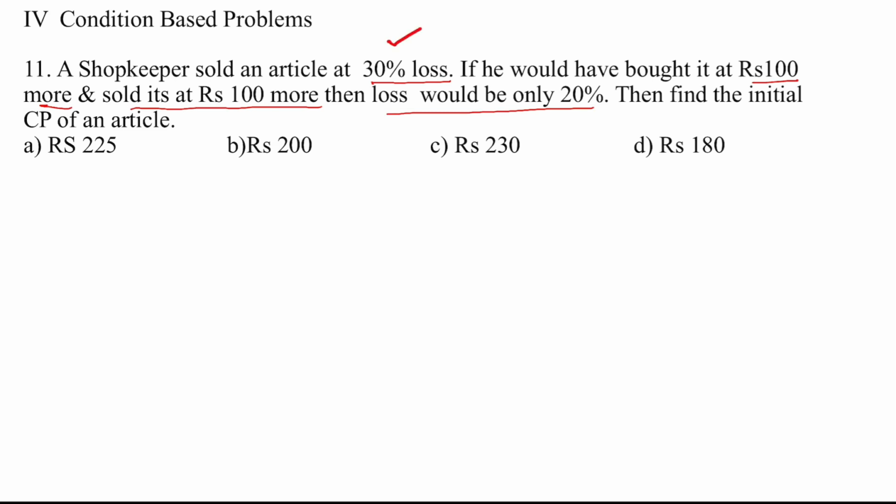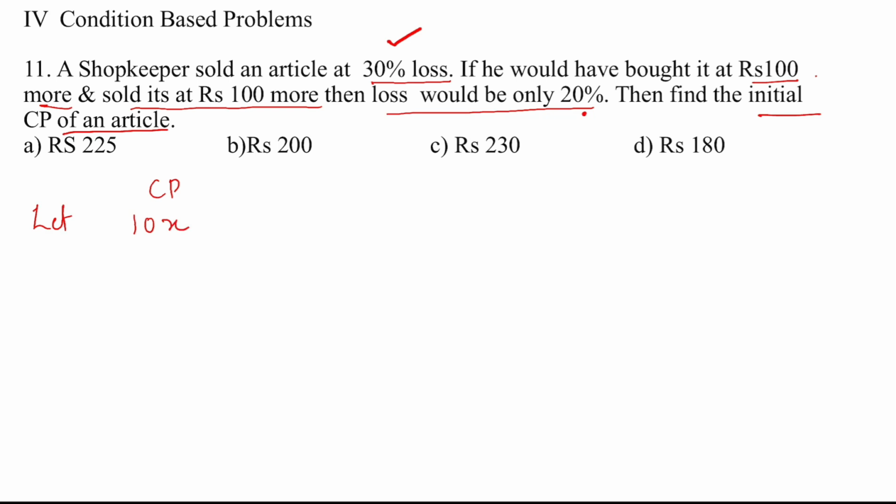If he had bought it for 100 rupees more and sold for 100 rupees more, his loss would be only 20%. Then find the initial cost price of the article. Okay, so now let the cost price of the article be 10x.